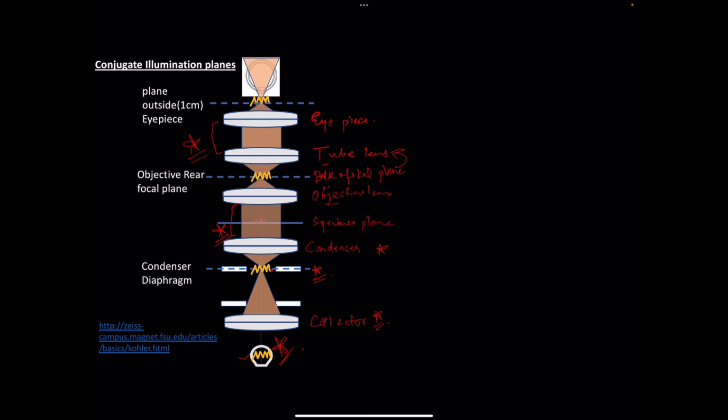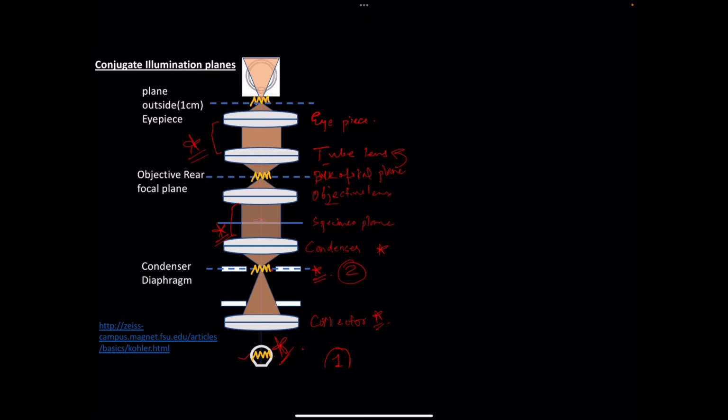Again, what are the different conjugate illumination planes available? The first plane is this, where the object itself is placed. The second plane is the plane of the condenser diaphragm, which is the back focal plane of the condenser.